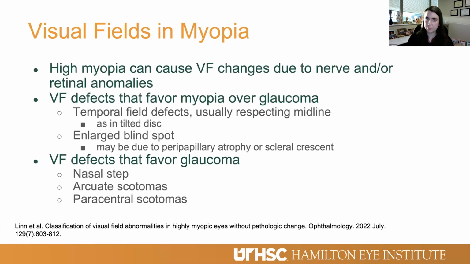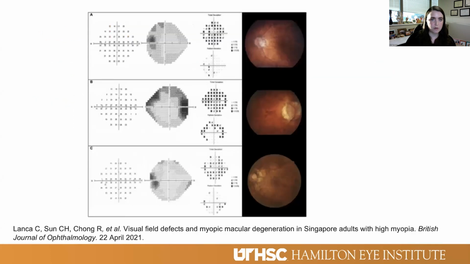If they've got a glaucomatous visual field defect, okay, that's probably glaucoma. I'm not as thrown off in my visual field interpretation as I am in my nerve fiber layer interpretation. Now this is an example of myopic eyes without glaucoma that can demonstrate visual field abnormalities.